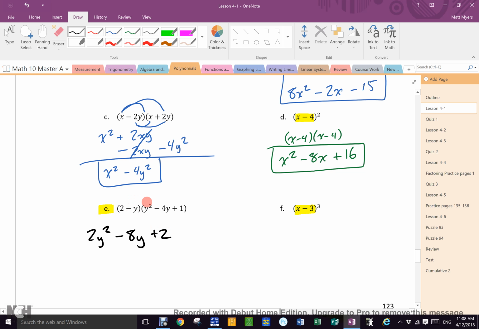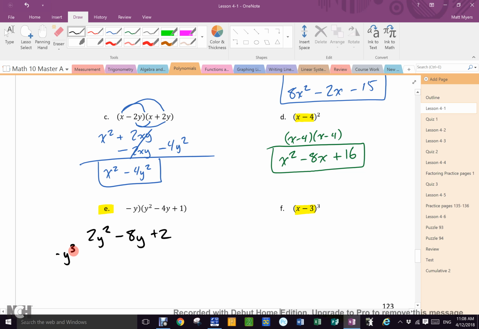Yay! But there is a negative y there. So I've got to distribute that. What is it? Negative y cubed. Is there any other y cubes? No. That's a squared. Any other y cubes?